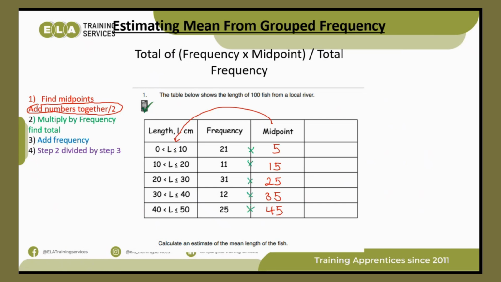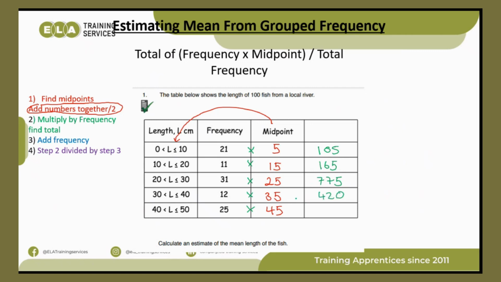So we have now got 21 times 5, which is 105. We've got 11 times 15, which is 165. We've got 31 times 25, which is 775. We've got 12 times 35, which is 420.